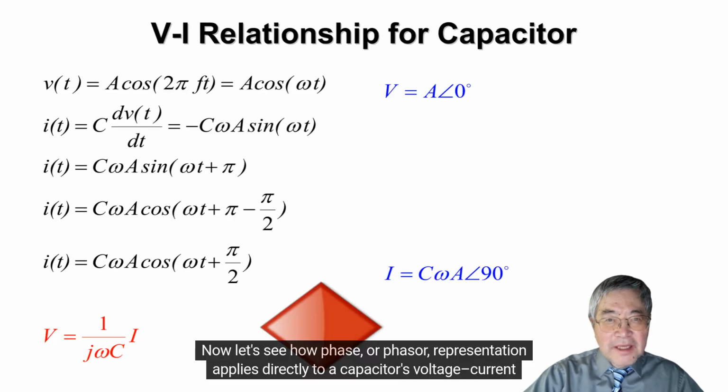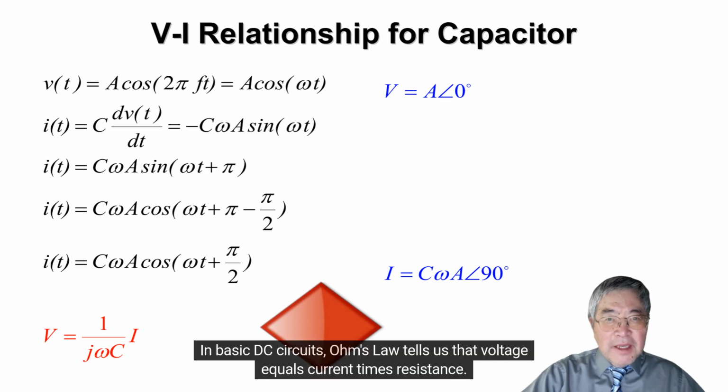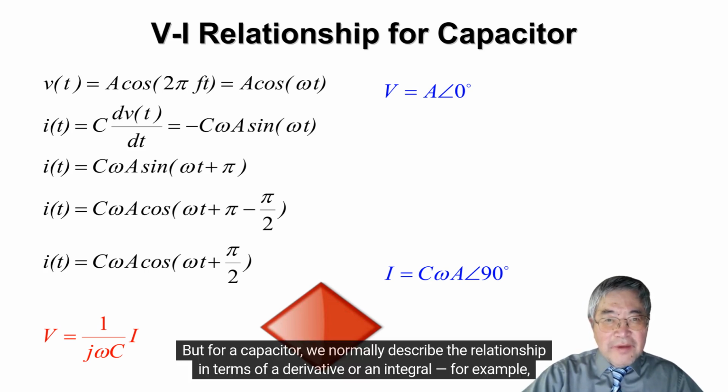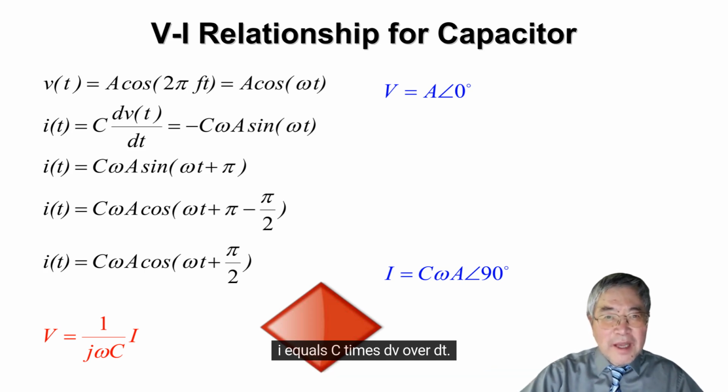Now let's see how phase or phasor representation applies directly to a capacitor's voltage-current relationship. In basic DC circuits, Ohm's law tells us that voltage equals current times resistance, but for a capacitor, we normally describe the relationship in terms of a derivative or an integral. For example, I equals C times dV over dt.